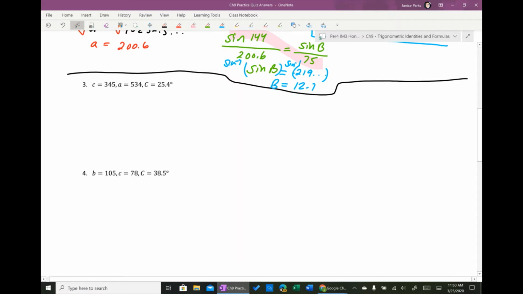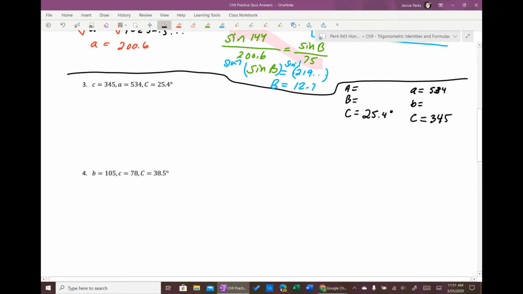All right, so for number 3, again, we start with this. They give us C is 345, A is 534, and angle C is 25.4 degrees.